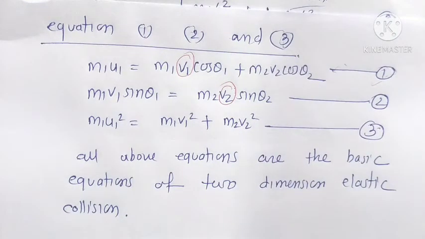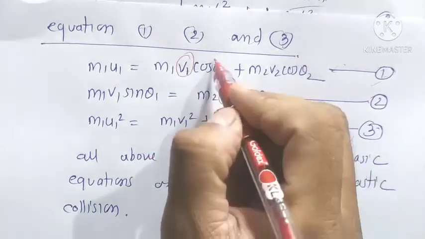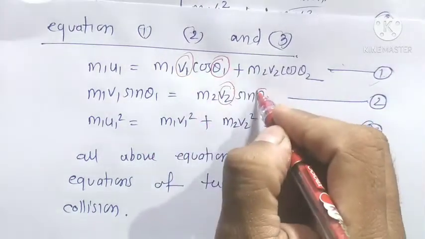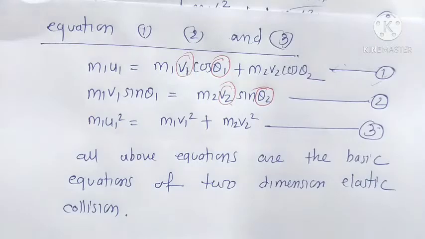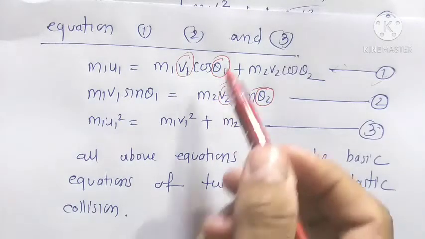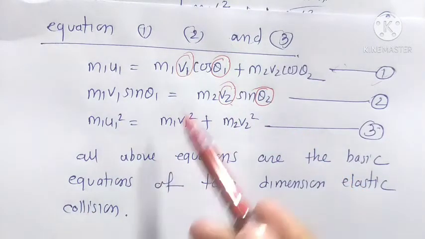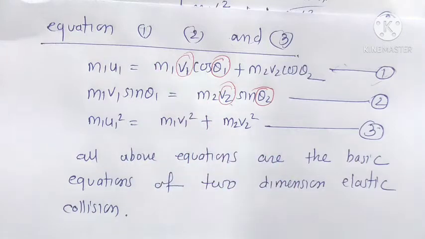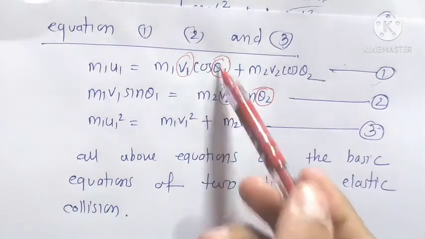So how many unknown quantities are there? There are v1, v2, theta 1 and theta 2, all these unknown quantities. If one quantity is measured, then the rest 3 quantities can be obtained by solving the above 3 basic equations.